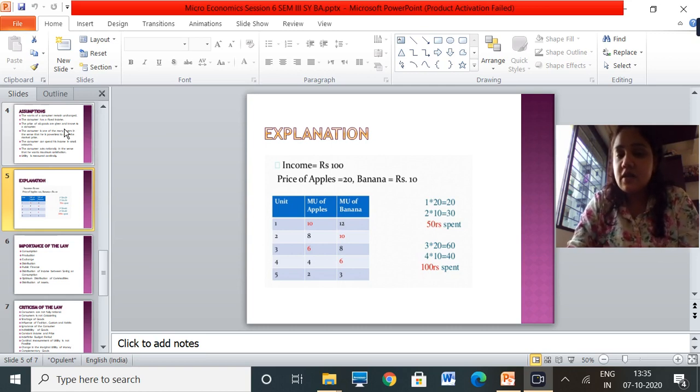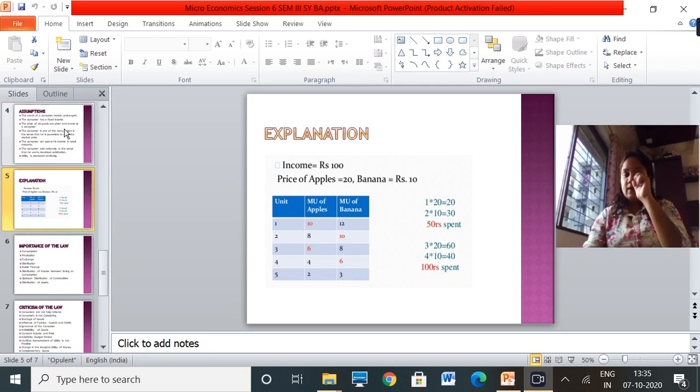So in this case, at the first unit, the utility that he is getting is 10. When he buys the second unit, the utility is 8. The third is 6, then 4, then 2. So the utility is going on diminishing. This is the law of DMU.